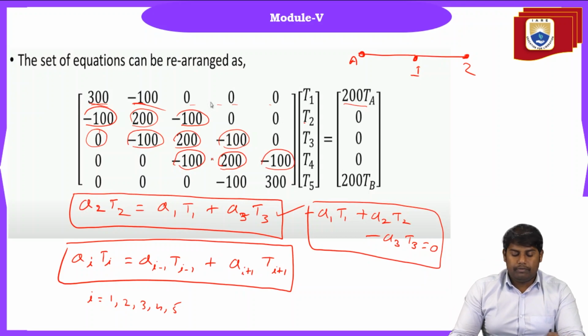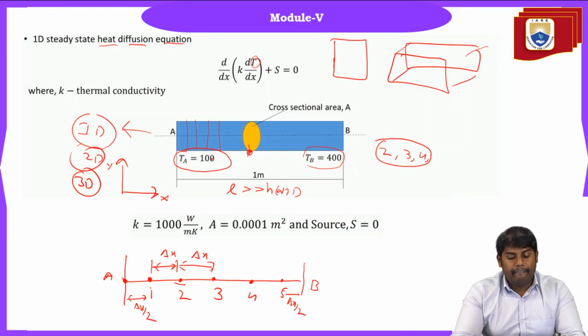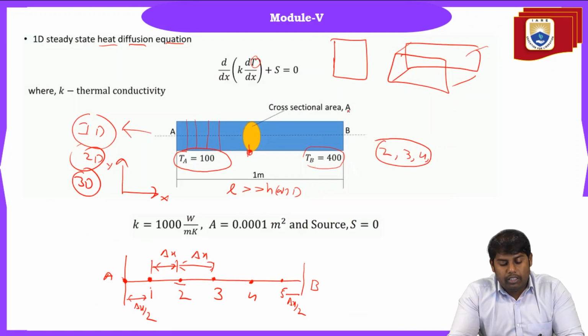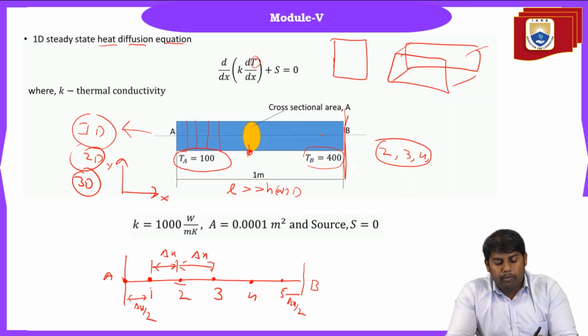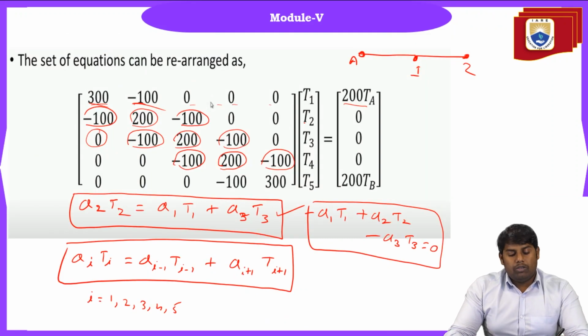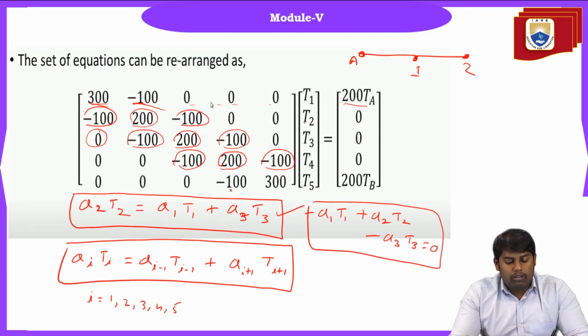Similarly, for the fifth one, we have a wall here. When you take grid point 5 and the neighboring point 4, at the right boundary we apply a temperature boundary condition. So we have the point of interest, the left neighbor, and on the right boundary a source term, which is 200 Tb.